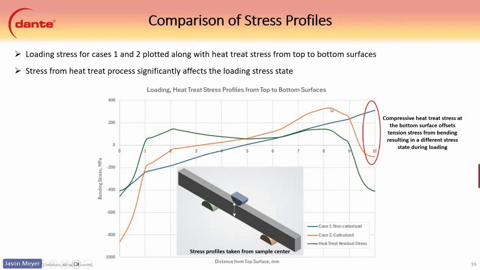Interestingly enough, the tension under the case is amplified a little bit, and it's actually a little bit higher than the surface stress of the non-carburized model. So it's really important to see your case depth and make sure you have a deep enough case depth so that this isn't an issue during loading.